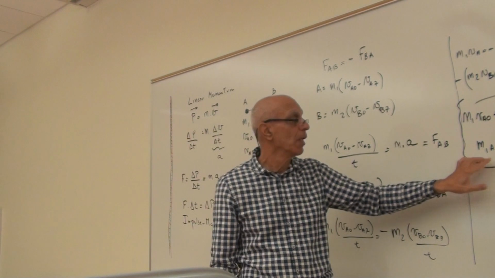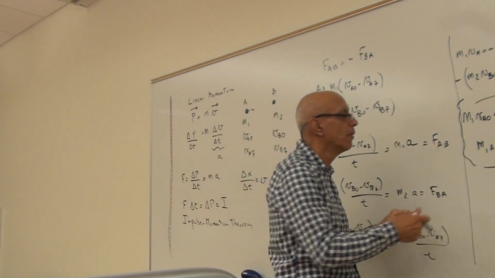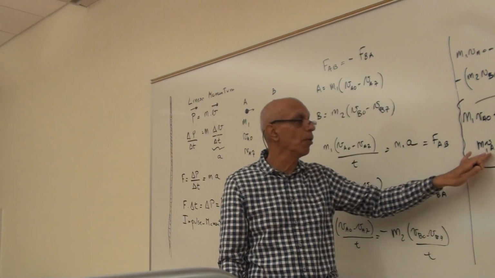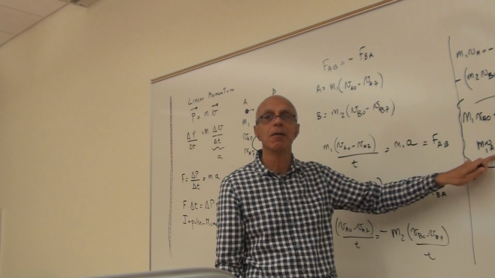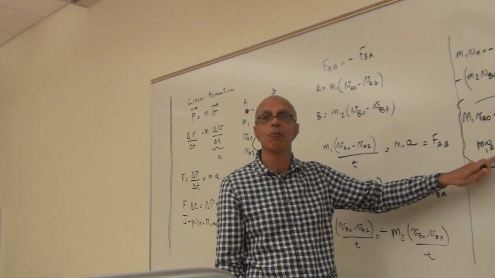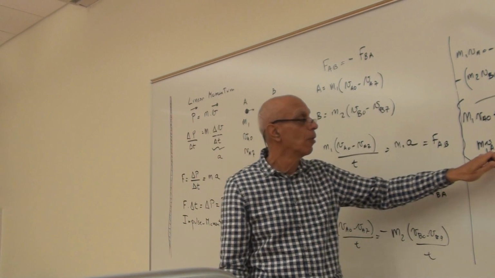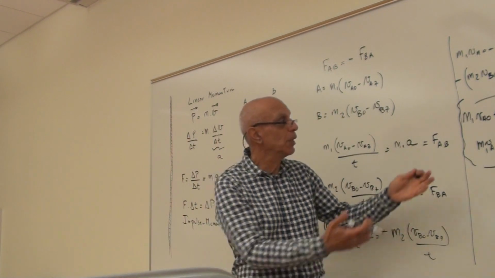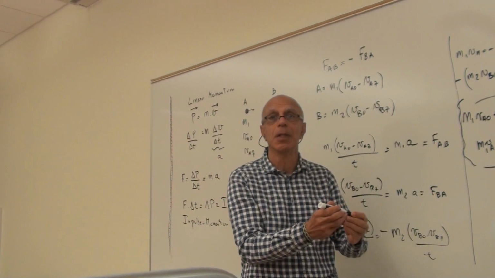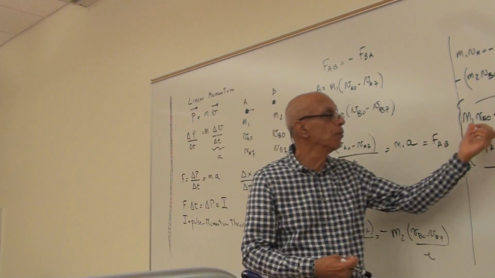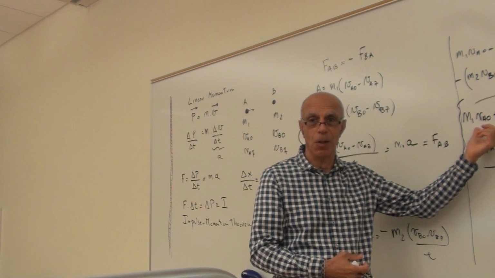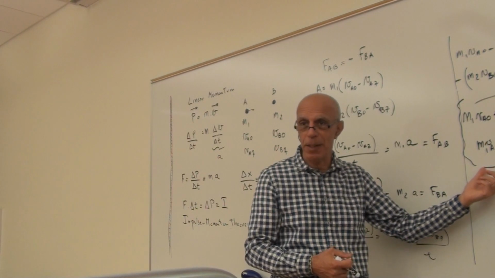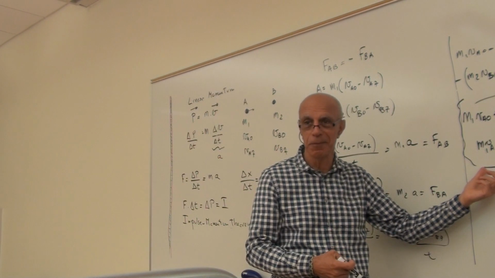This is the momentum, right? The momentum of A final plus the momentum of B final. So what is this formula telling us? It's telling us the initial momentum of the system is going to be equal to the final momentum of the system.